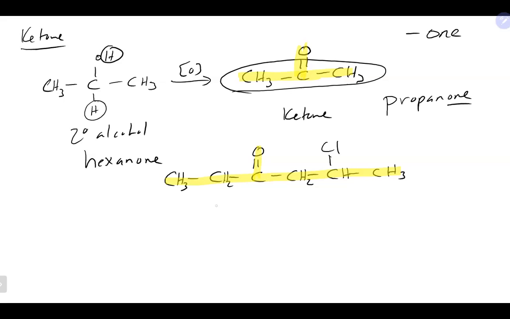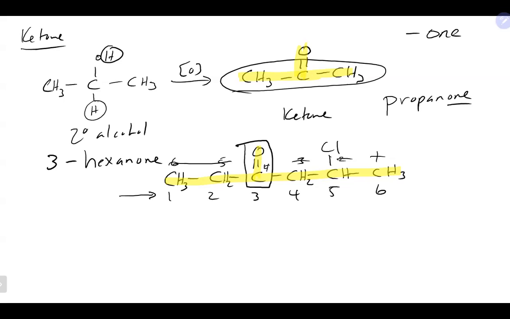Because this is more than 4 carbons, we do need to give the location of where this guy is at. And going left to right, that'll be carbon 1, carbon 2, carbon 3, 4, 5, 6. Going right to left, that would be 1, 2, 3, 4, 5, 6. We always want the smaller number, which means we should number this way, which means that this would be known as 3 hexanone, right?